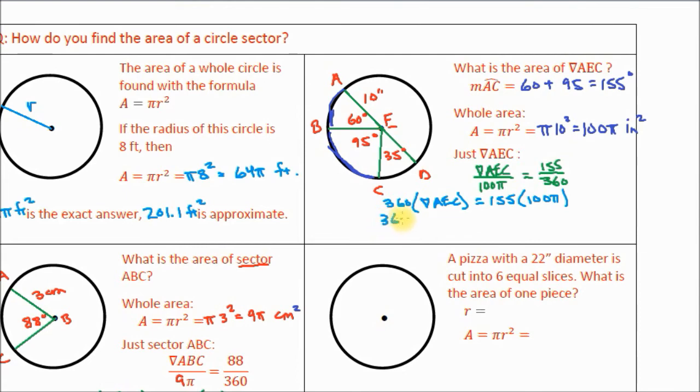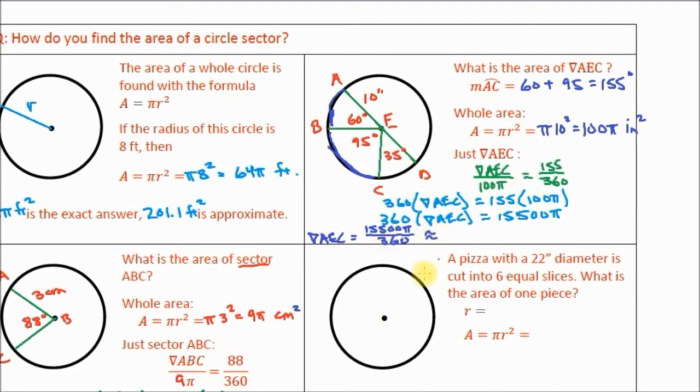So this is going to be 360 times sector AEC is equal to 15,500 times pi. Now we can divide both sides by 360 degrees, and we're going to have sector AEC is equal to 15,500 pi over 360, and that's our exact answer.